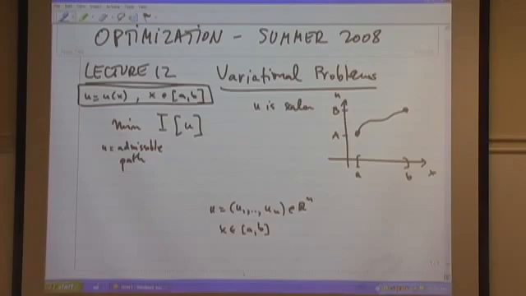Say this is R2, then it's a path from a point A to a point B. So it's really a path in Rn plus 1.